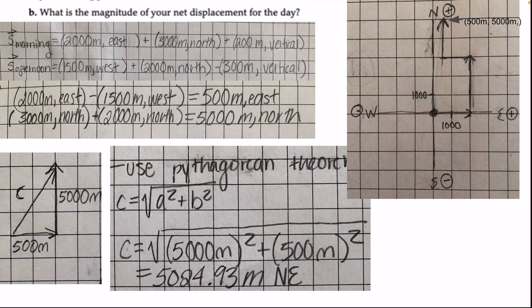So once you use the Pythagorean theorem and plug in those numbers, you come out with 5,024.93 meters northeast. So now we have that vector for the northeast part, and we are now going to use the Pythagorean theorem again, as I stated earlier, but with that 100 meters that we solved for in Part A, in order to solve for that net displacement.